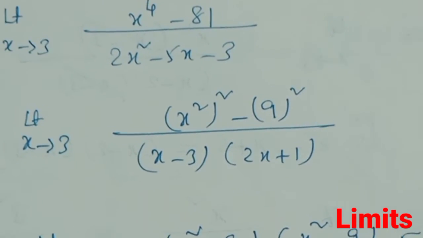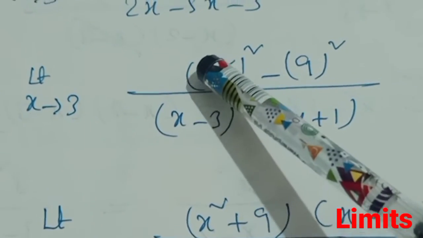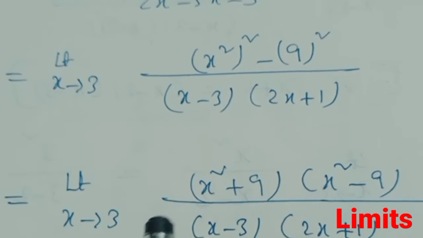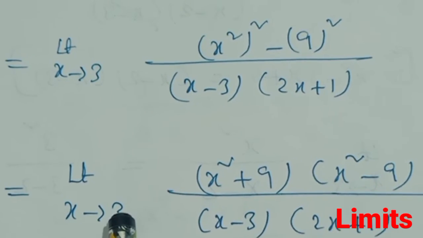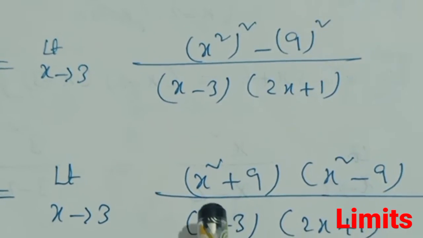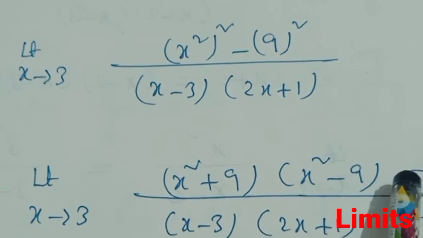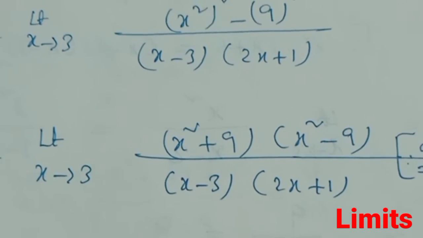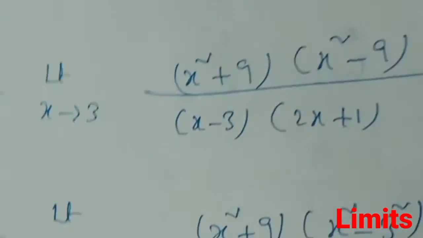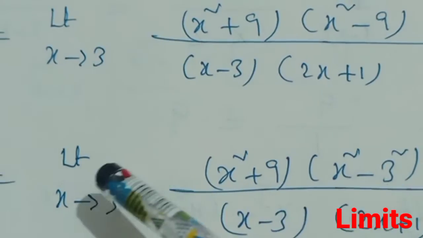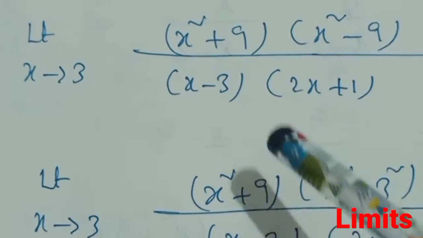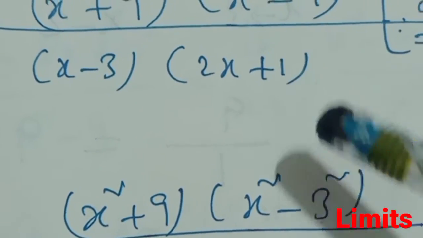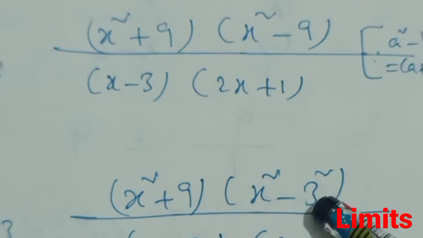Next, in the numerator we use a square minus b square, so we write limit x tends to 3 of (x square plus 9) into (x square minus 9). Now x square minus 9 is like x square minus 3 square.